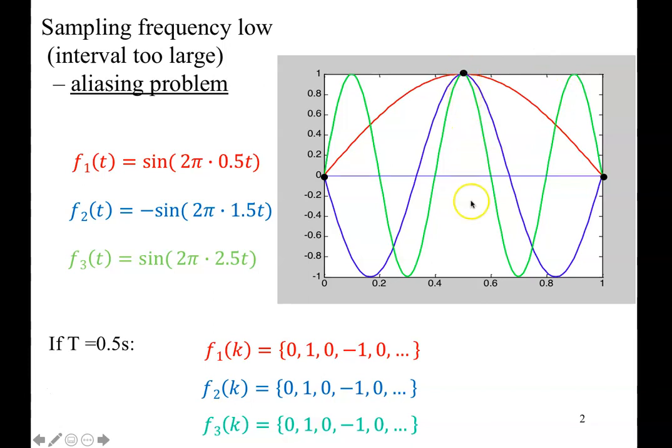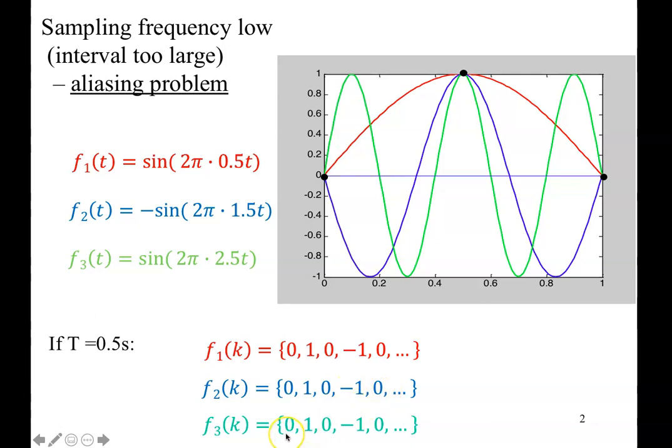And then the computer will go away, come back in another half a second. That's at t equals 1. If I go up there, the red is 0, the blue is 0, the green is 0. I can continue the process, and I will find a sequence for F1, which is 0, 1, 0, minus 1, 0. I can find the sequence for F2, which is 0, 1, 0, minus 1, 0.